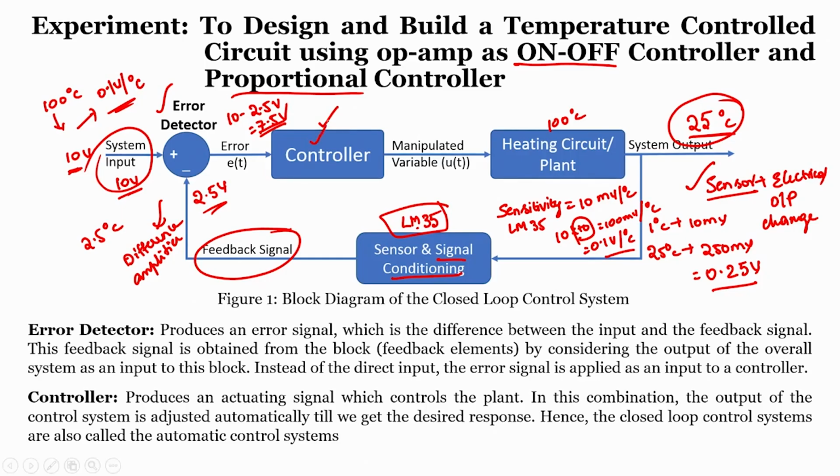So, once the error signal passes, the controller will take an action, deciding how much input voltage or input signal, which is nothing but the manipulated variable, is to be provided to the heating circuit, so that the system can quickly heat to the required system input. So, the system output will always be matched with the system input.